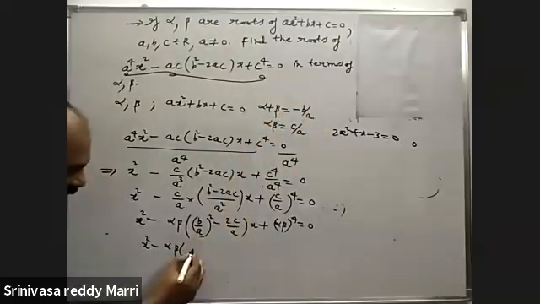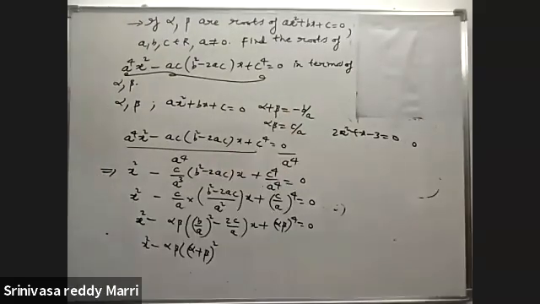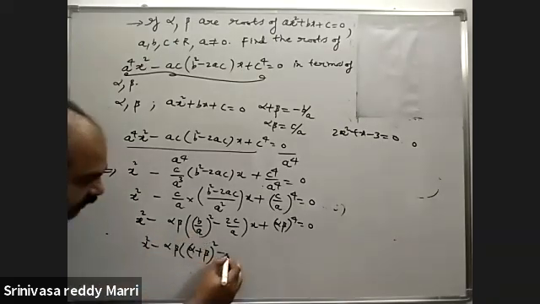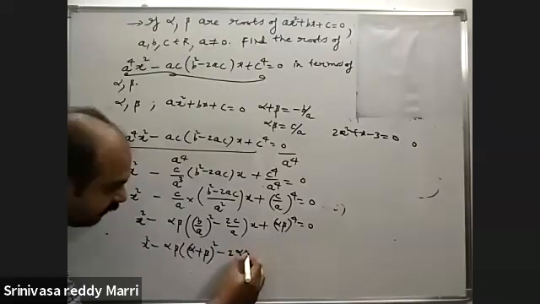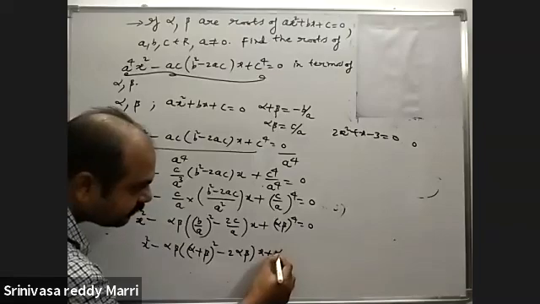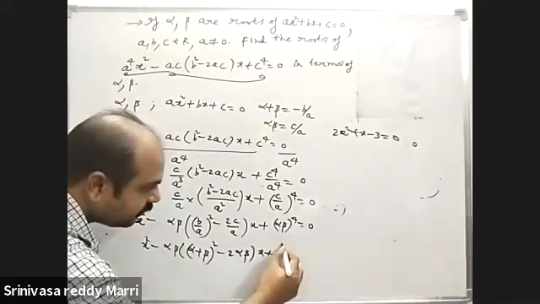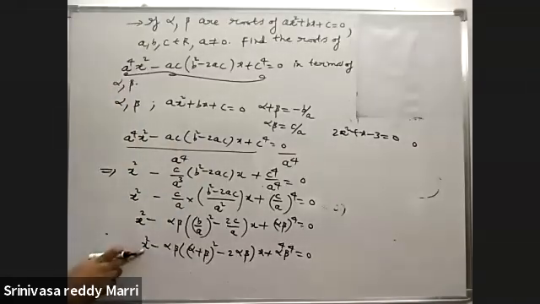Squaring on both sides, you will get alpha plus beta whole square. If you square this one, b by a whole square is nothing but alpha plus beta whole square minus 2 into c by a, alpha beta, into x plus alpha to the power 4 beta to the power 4 equal to 0. What my main aim is to factorize this one.